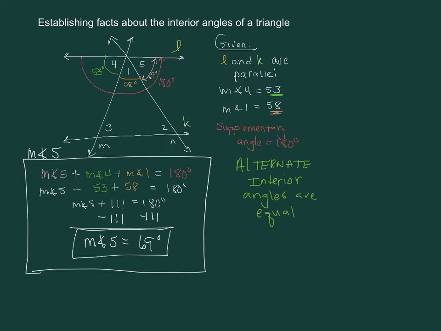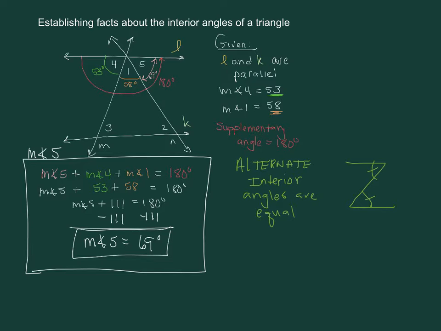So basically, all this means is if you can find something that's like a Z formation, this angle and this angle are alternate interior angles, and they will be equal to each other. Okay? So if I look at this, I can see I've got a Z formation right there, which would mean that angle 3 is equal to angle 4.